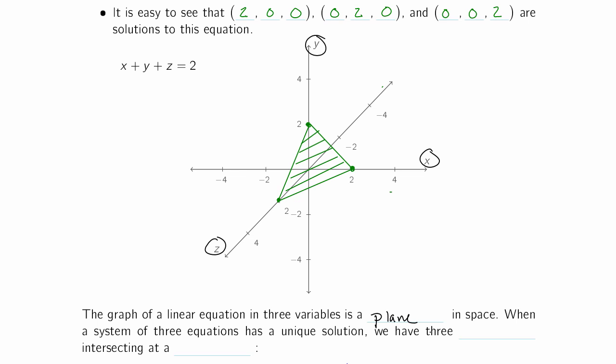Now, if we wanted to invest a bunch of effort into becoming very good 3D draftspeople, we could now try to actually graph some equations in 3 variables and look at how their graphs actually look.